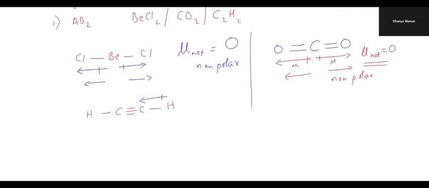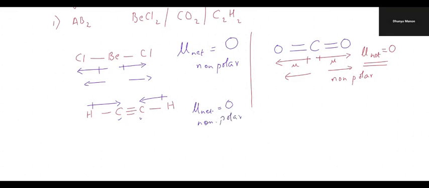So it is like this. Between carbon and carbon, there will be no electronegativity difference because it's the same. So here also you can see mu net is equal to 0 and the molecule is non-polar.